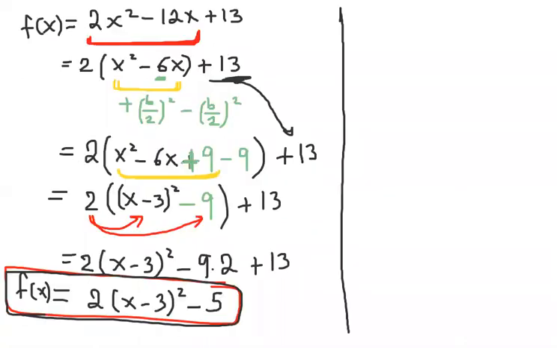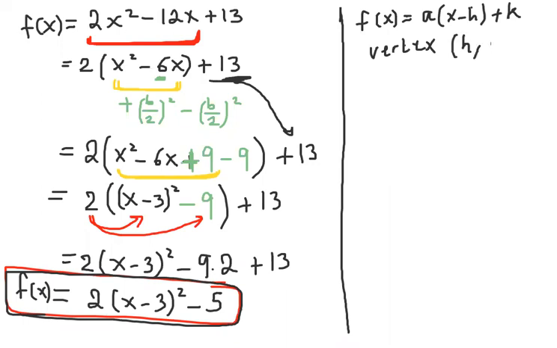From last time, if I have the standard form look like this, f of x equals a times (x minus h) squared plus k, then the vertex is the point (h, k).